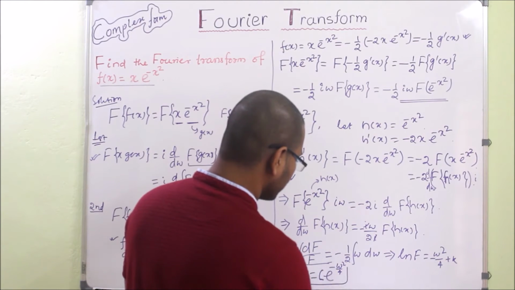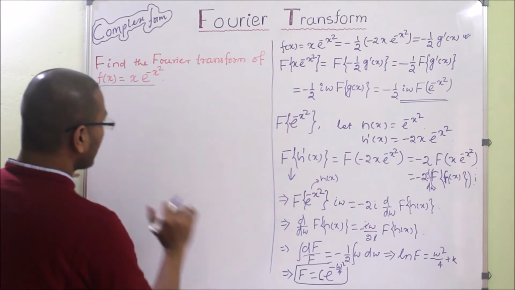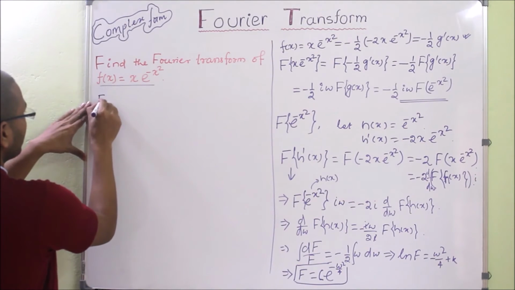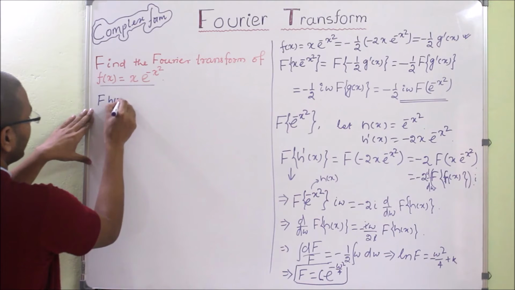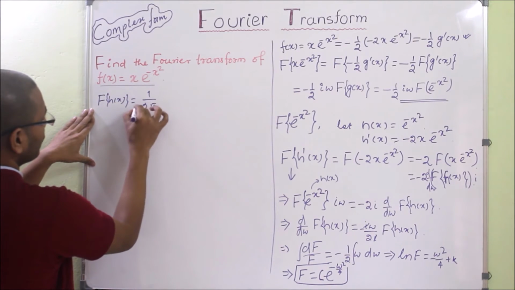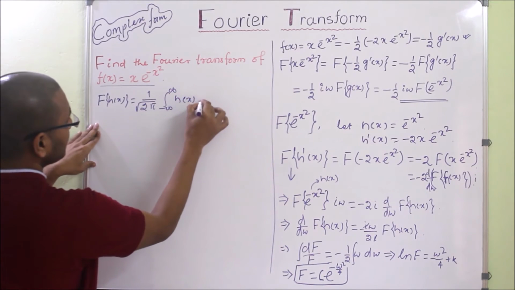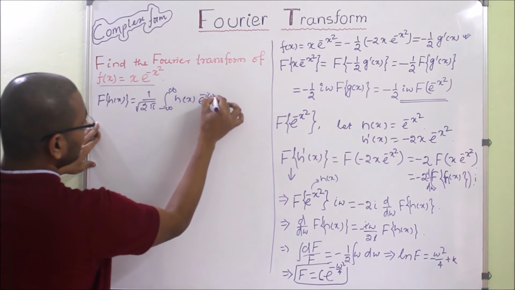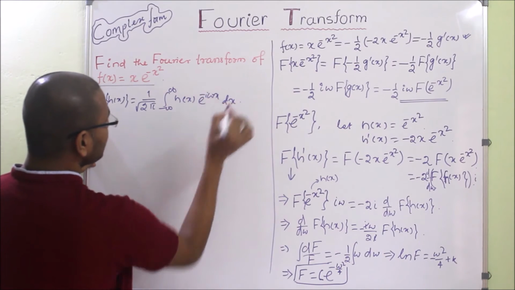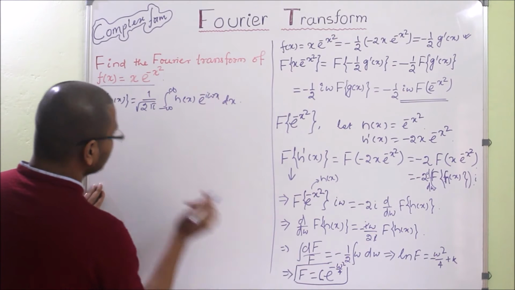Now using this expression we will find c. How we will find? Now f of h of x, so this is 1 by square root of 2 pi integral from minus infinity to infinity h of x e to the power minus iwx dx, this expression. Now we have to find c.